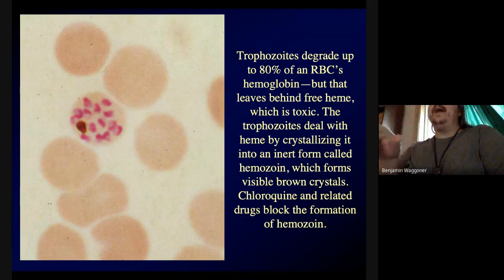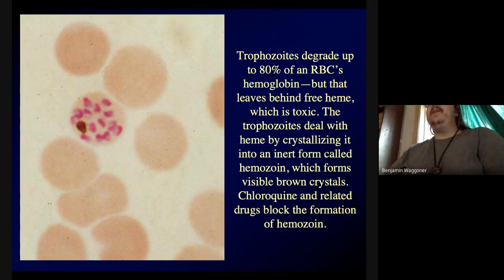And if you look at that infected schizont at about your 8 o'clock position, you can see a thing that is darker brown and not pink. That's that crystal of hemozoin. That's the breakdown product of the free heme that's left behind when the trophozoites eat all your hemoglobin.